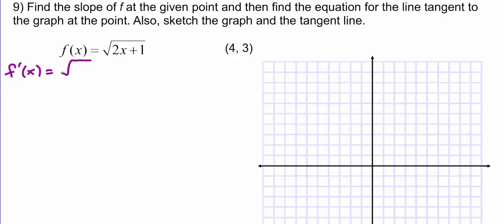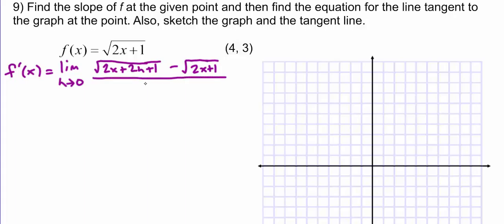So here we go. The derivative would be the limit as h approaches 0. And the algebra might get a little messy on this one, just cautioning you. Leave a little space. And we'll have f of x plus h, which would be the square root of 2x plus 2h plus 1, minus f of x, square root of 2x plus 1, all over h.